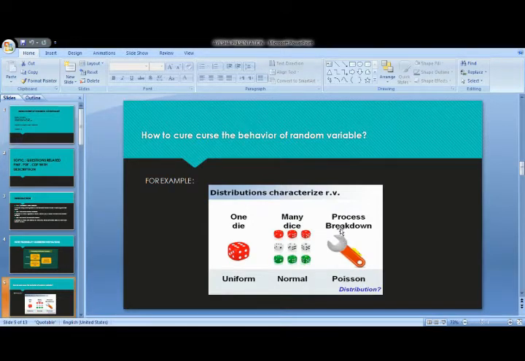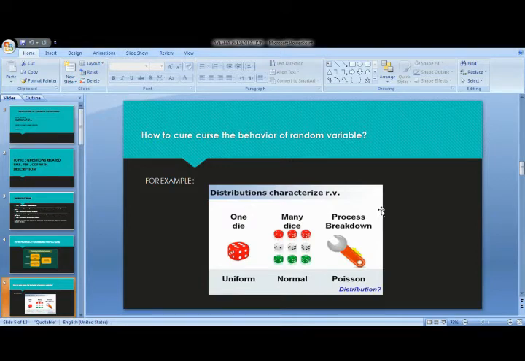Now we have the third one, that is a Poisson process. Basically this is an operational process that breaks down every once in a while at random intervals, and that random variable we decided to characterize with the Poisson distribution.